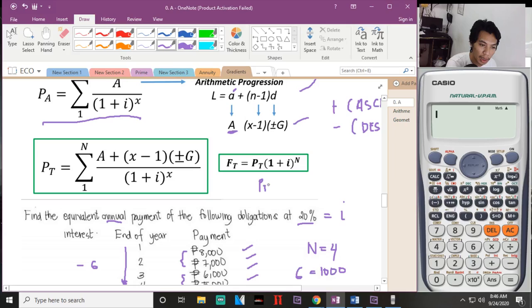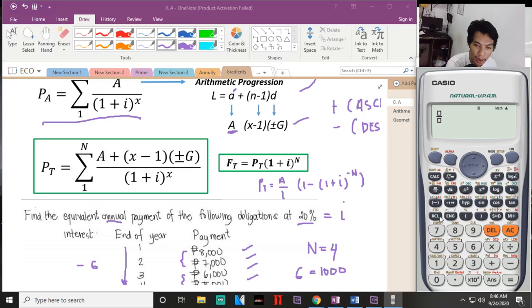PT, A over I times 1 minus 1 plus I raised to negative N. Hanapin ko si A, divide ko to, multiply ko kay I. Recall ko si Y times 0.2 over 1 minus 1.2 raised to negative 4. Tignan nga natin kung nakita natin yung sagot.